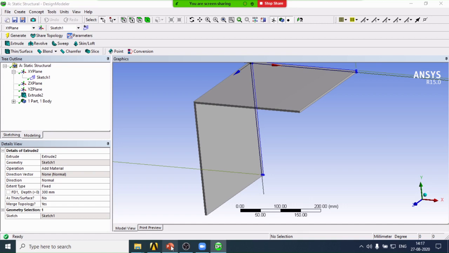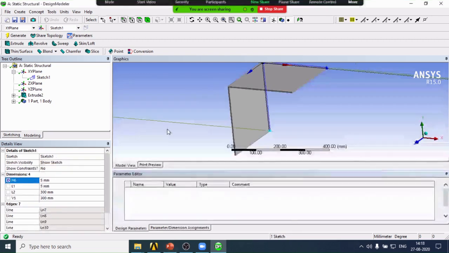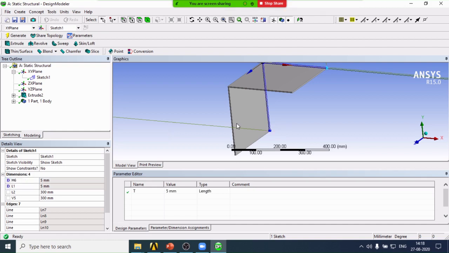Let it complete its process. It may take too much time. Then we have defined another one, and I give the same value t because both are the same. You can provide an equation also here, don't worry about it.